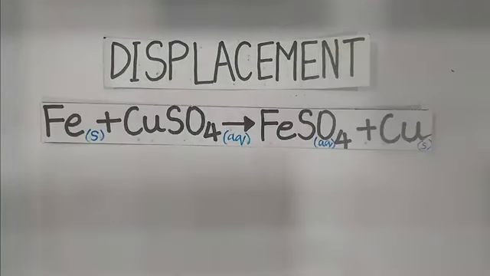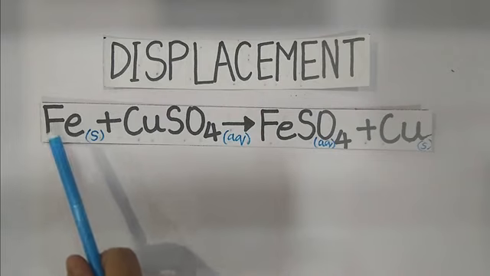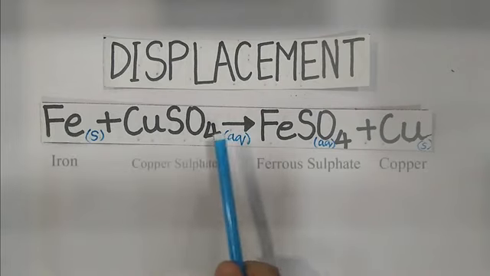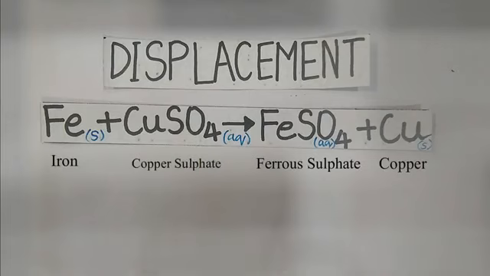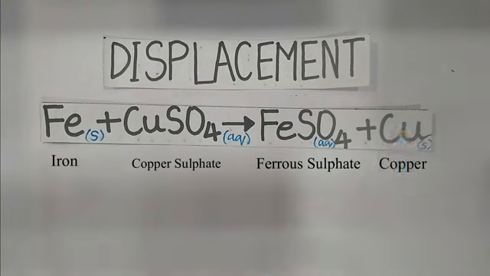So we have our first example where Fe, which is iron, is reacting with CuSO4. CuSO4 is the chemical formula for copper sulfate. Alright, so these two are reacting to give us FeSO4 plus Cu.